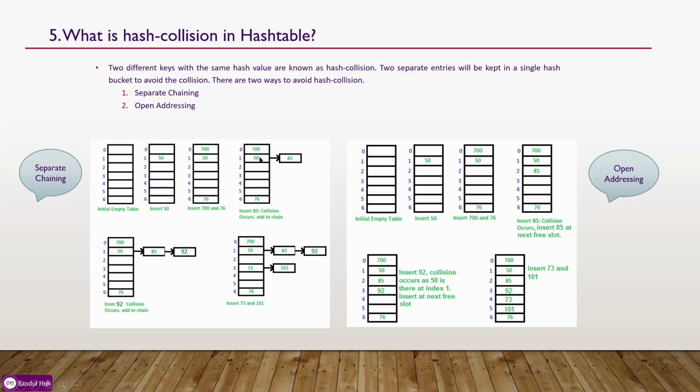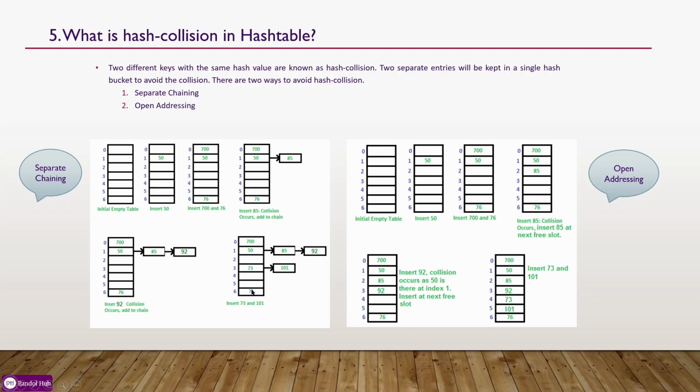We are trying to insert 85, and it gets the same hash code as 50, and there occurs a collision, because 85 is also getting the same bucket index as 50. In that case it just gets added as a linked list, as the next node to 50. Again, when 92 is inserted, there is a collision, so it gets appended to 85. The next node reference of 50 points to 85, and the next node reference of 85 points to 92.